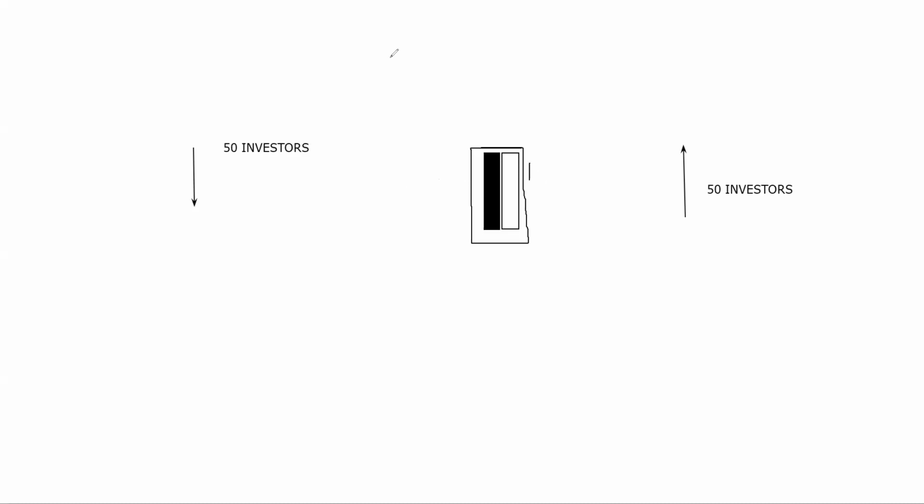Now, what about having a sell which is smaller and a buy which is longer? This tells you that the volume of sellers is so less.